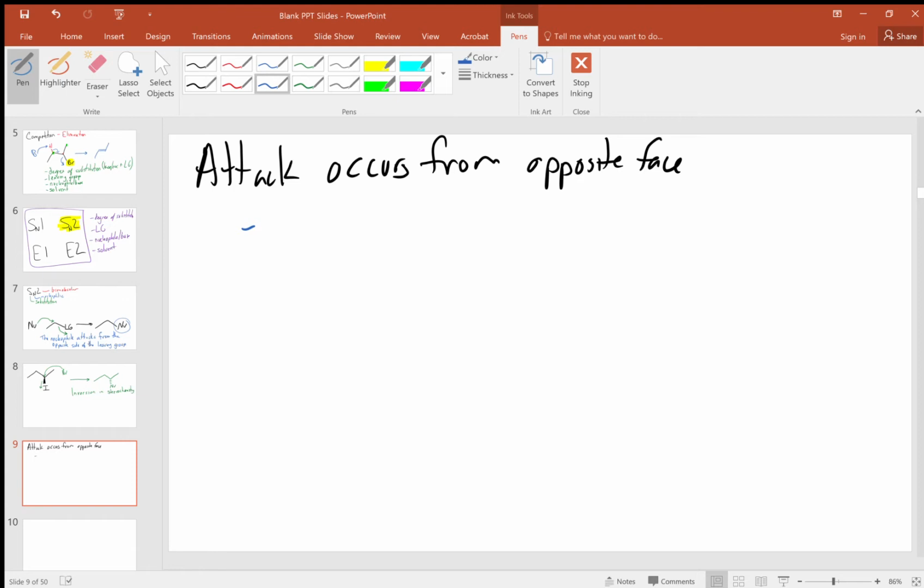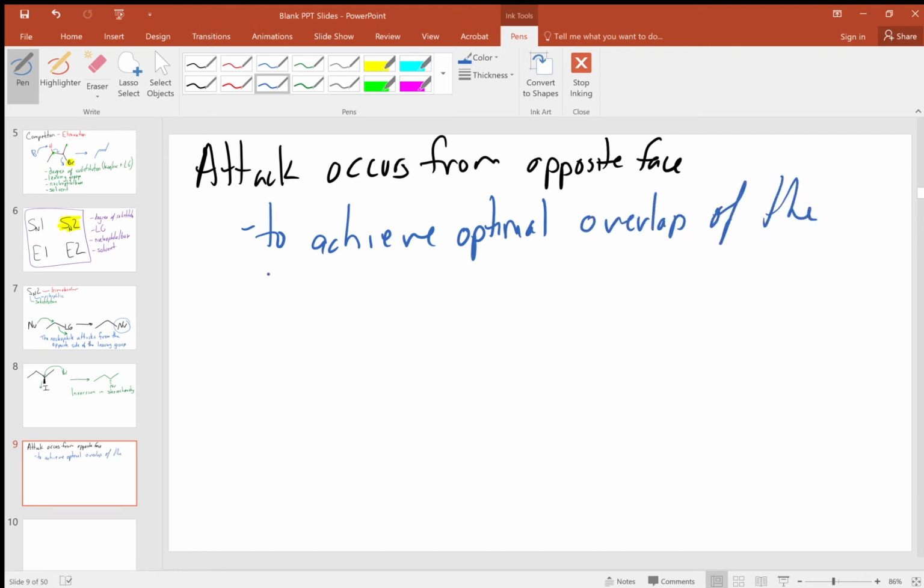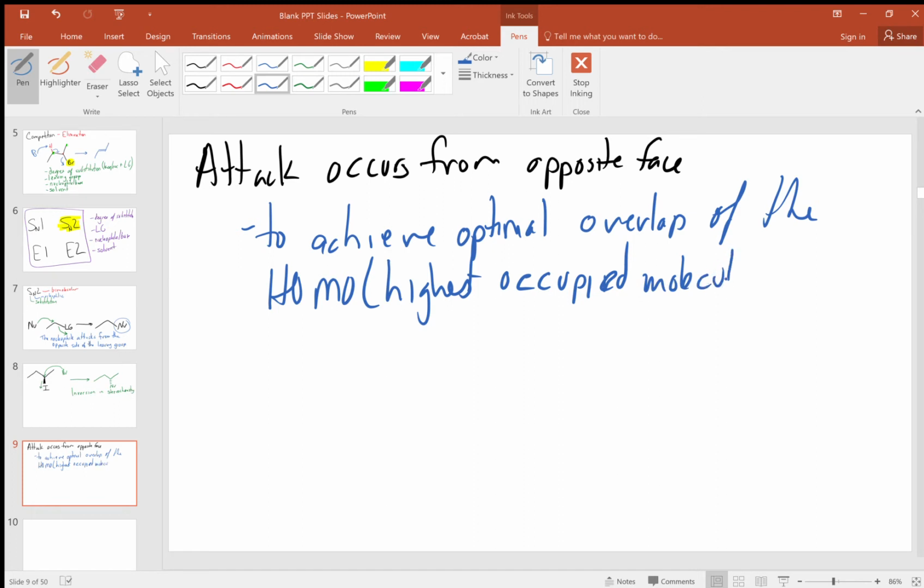That helps your bond to form. Now, in order to do that, what we're looking for is we want optimal overlap of what we call the HOMO, which stands for highest occupied molecular orbital. I'll come back and talk about this term in a moment.